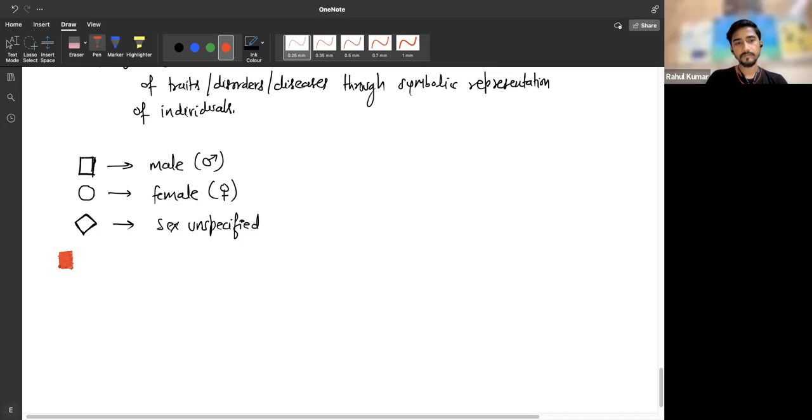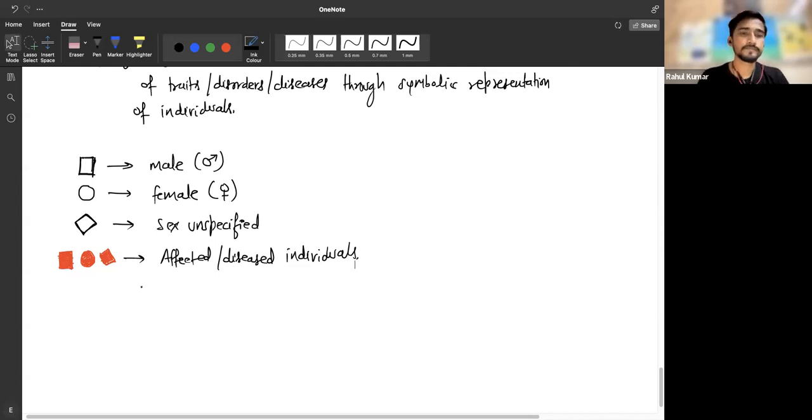But you should know, if it is a colored square, a colored circle, or a colored diamond, this means affected or diseased individuals.